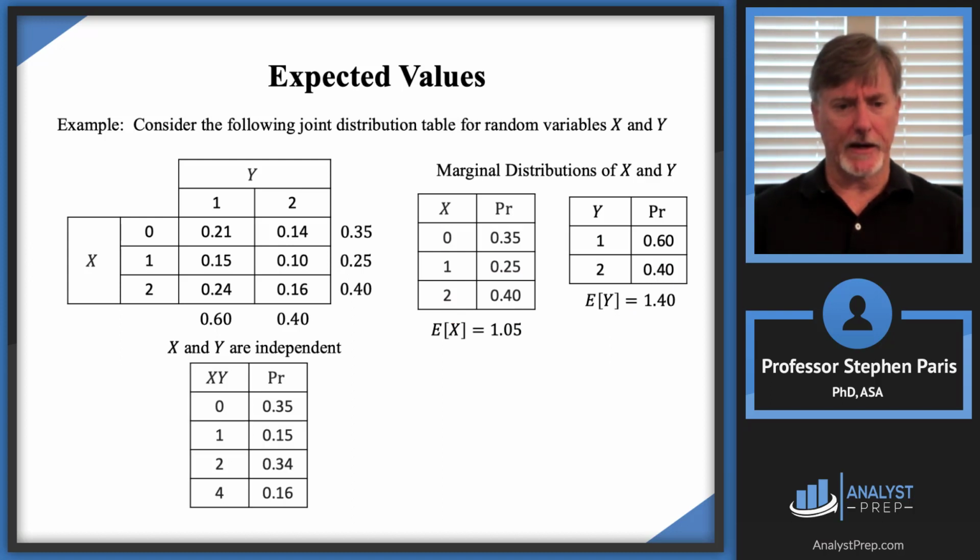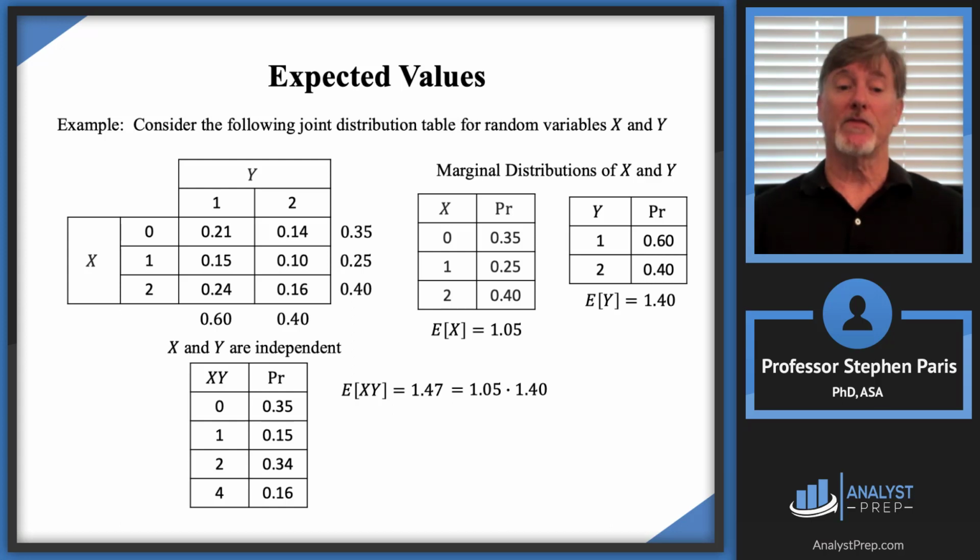I'll leave it to you to show that I filled in the values of the table correctly. I know that I did, and I'll show you why in just a second. If I take the expected value of cap X times cap Y now, I get 1.47. And the observation I want to make is that 1.47 is equal to 1.05 times 1.4, which is the product of the expected values of cap X and cap Y, respectively.